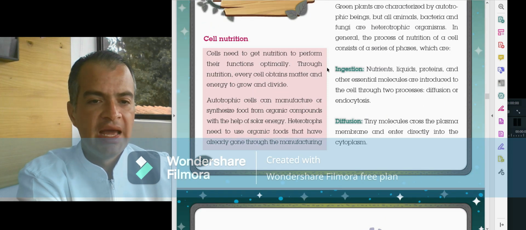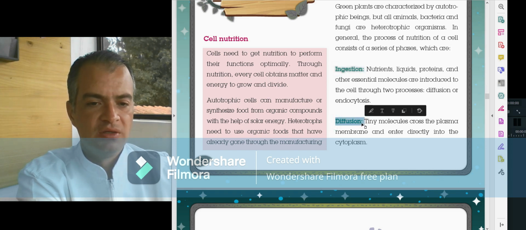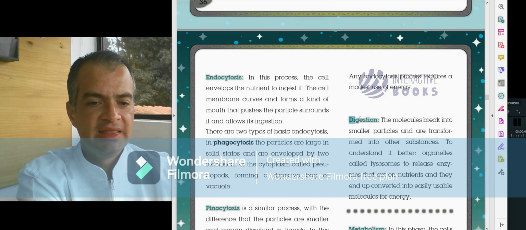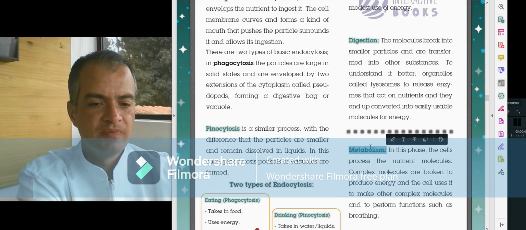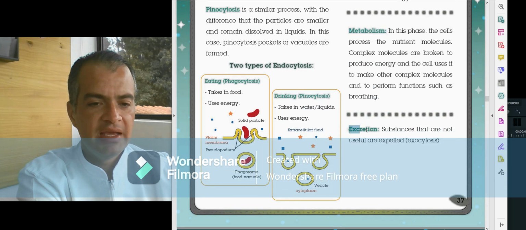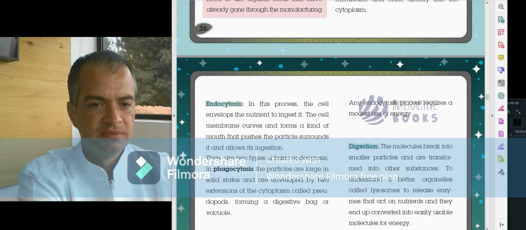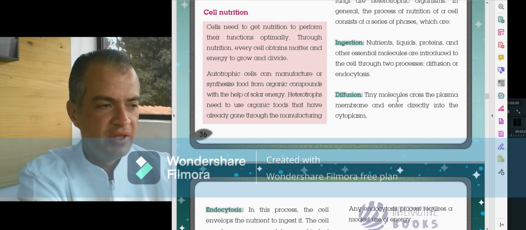Entonces son la ingestión, la difusión, la digestión, el metabolismo y la excreción. Entonces vamos a ver cada uno de ellos.